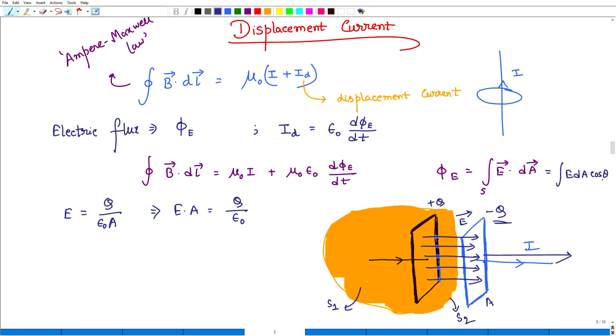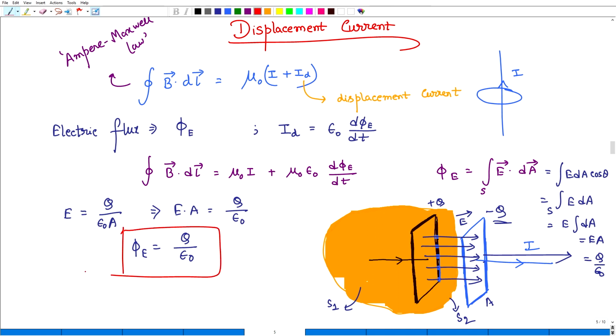So theta is 0, so cos 0 is 1. So we can write E dA. So it is actually EA, and EA we know is Q by epsilon naught. So for these capacitor plates, the electric flux phi is Q divided by epsilon naught.